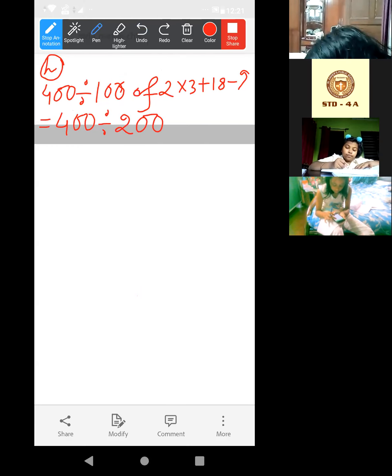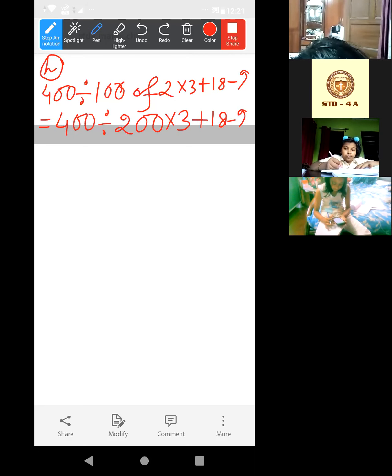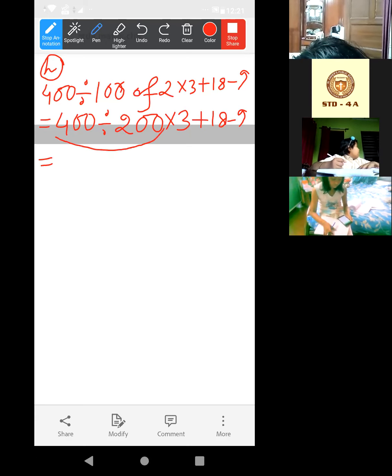Now the division. But now don't do this multiplication. Before that, we have to calculate this division. Then multiplication. Achha, 400 divided by 200.